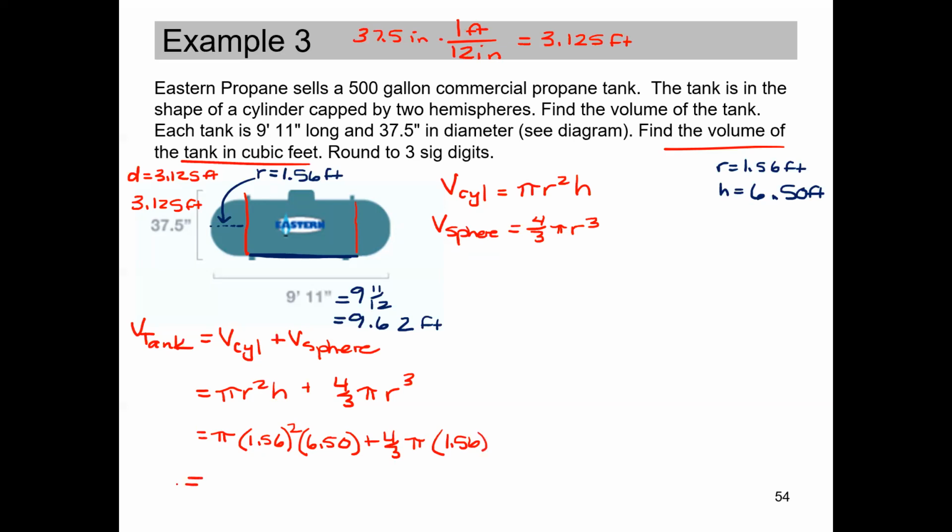All right, let's go ahead and type this into our calculator and see what we get. Everyone do it because I want to make sure that I don't type it wrong into my calculator, and round to 3 significant digits.